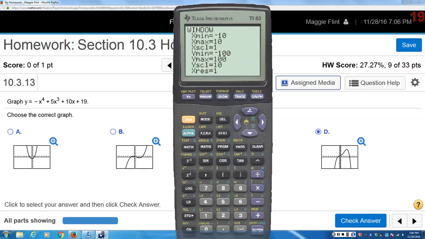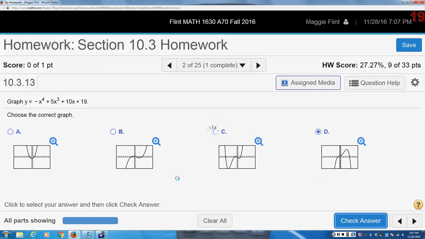We're going to leave it on that window to see what it looks like. And that does look sort of like this one. The only thing is, I bet their window goes up higher. So I'll try to raise it up to 150. And that looks very much like that one. Okay? So we know that we have the right answer.